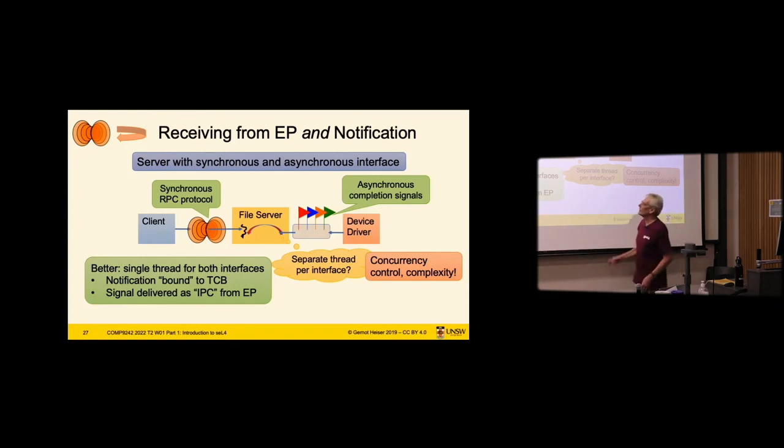The client would get a badge, and the notification would have a badge, and obviously they're different. The typical way you do that is you divide the badge space by having the most significant bit of the badge space indicate whether it's an endpoint badge or a notification, and then you can use the notification bits to distinguish between different notifications, and the rest of the badge to distinguish between different clients. So that's the important operation here.